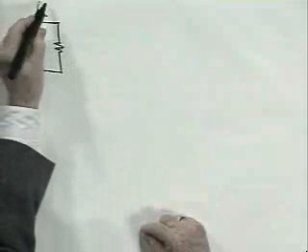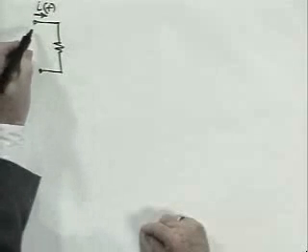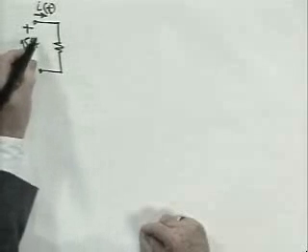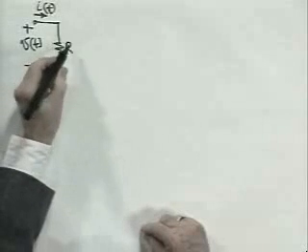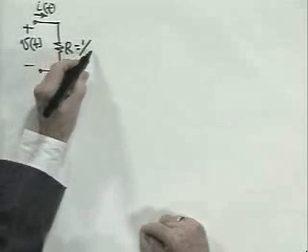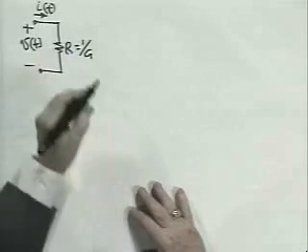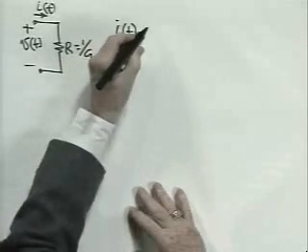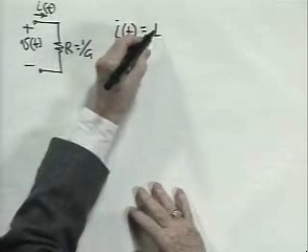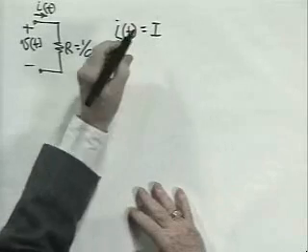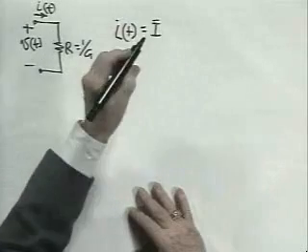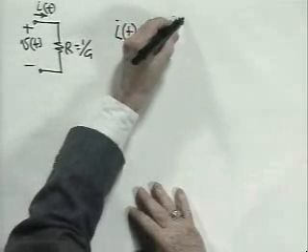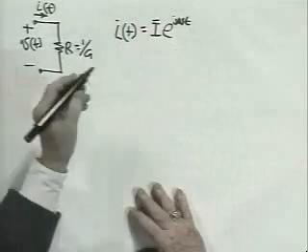Define a terminal current I of t and a terminal voltage V of t, and this is the resistor of value R, or in terms of its conductance, 1 over G. Now, if I let I of t be not a real time function, but some amplitude I, which could be a complex number, e to the j omega t, what is V?